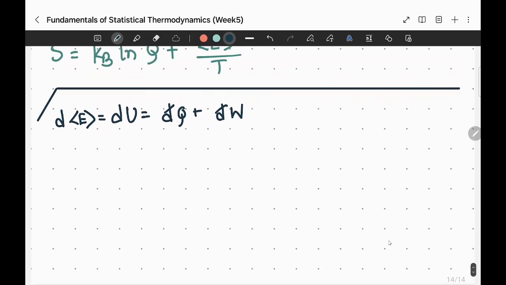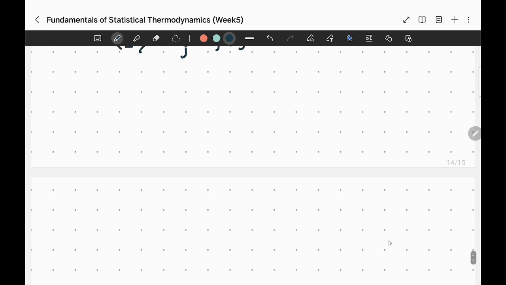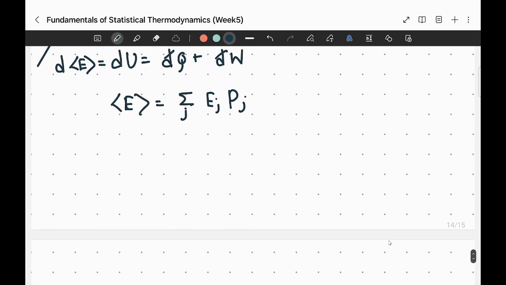Now you know the main original form of the average internal energy, that is the sum of Ej Pj, if you consider the canonical ensemble. For any average, this is the general form. If it is X, then it will be Xj Pj.